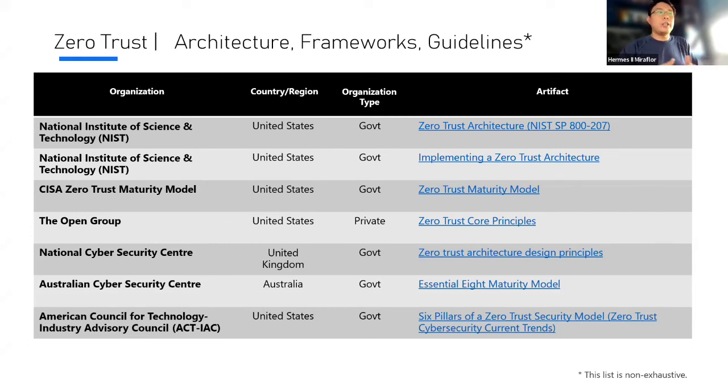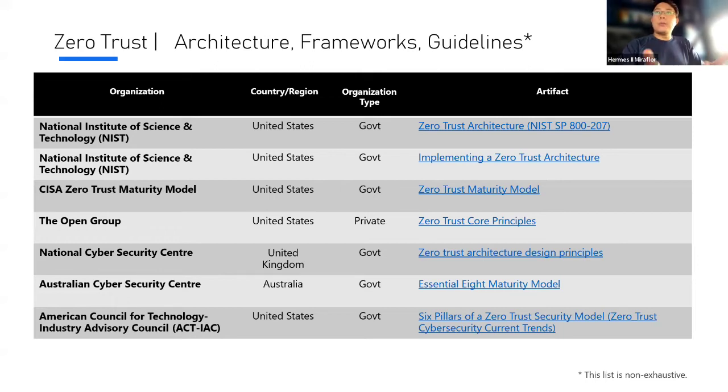So hopefully dito sa Pilipinas magkaroon din tayo ng sarili natin na framework for zero trust. But the most commonly used guidance for zero trust implementation would be, of course, coming from the National Institute of Science and Technology, or the NIST framework. We also have the Open Group framework, which applies for private organizations.